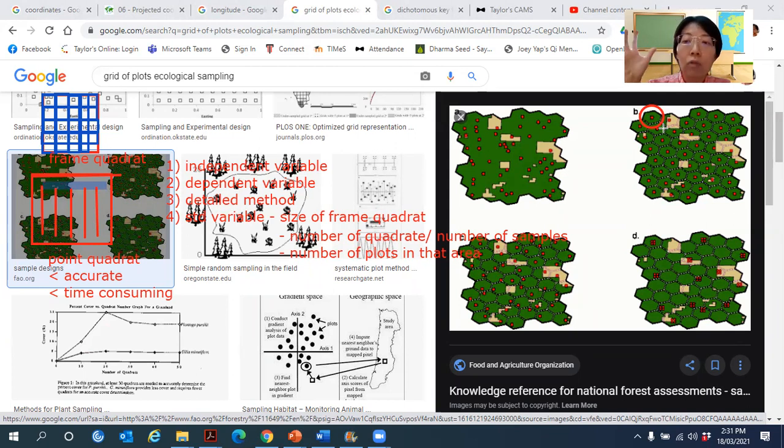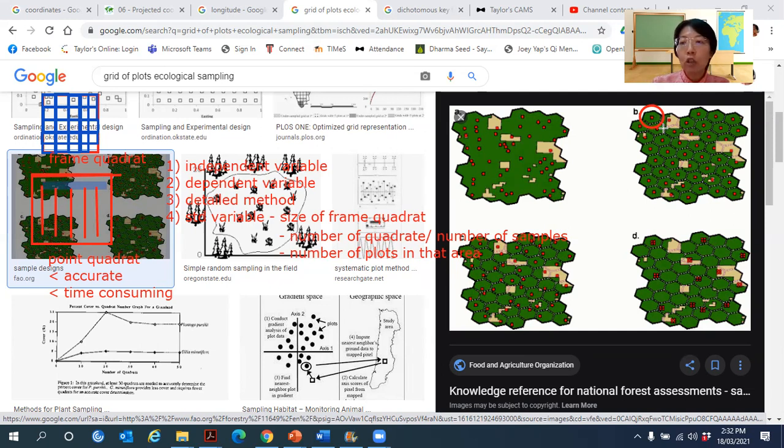Because this area is very huge, you don't want to be drawing so many lines until you can divide the entire area into the size of your quadrat. Therefore, instead of drawing the grid pattern to align with the size of your quadrat, you draw the grid pattern to divide the area into plots.